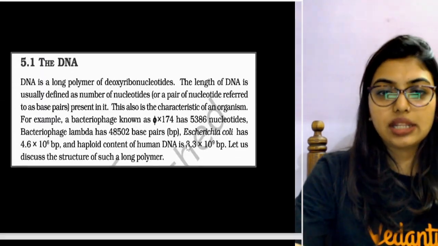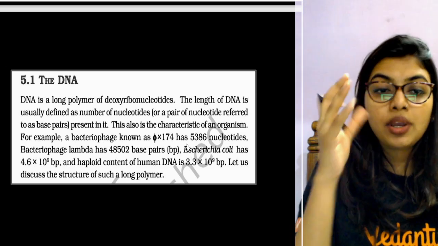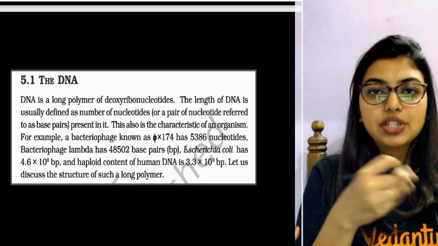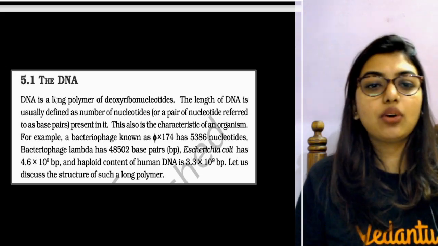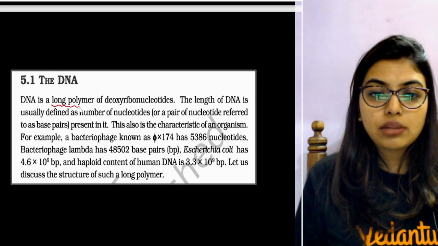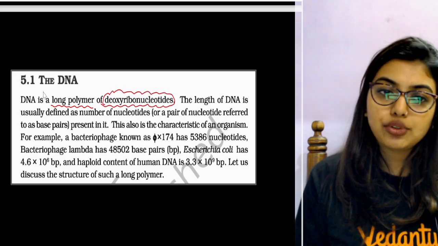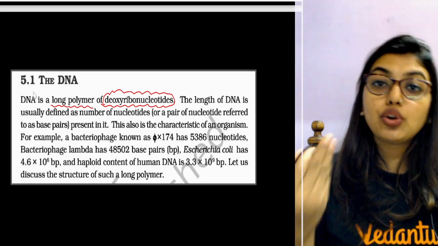Now let's understand DNA. Before we go into understanding the DNA, you have to know how many nucleotides are present and what is there, a few numbers that you have to know. See, DNA is a long polymer of deoxyribonucleotides. Obviously, the name is deoxyribonucleic acid, so it will be made of nucleotides.